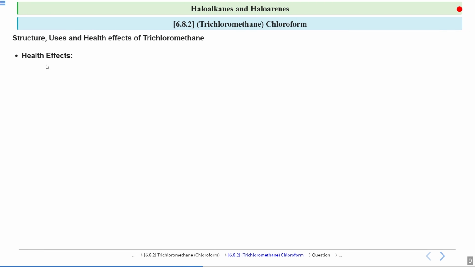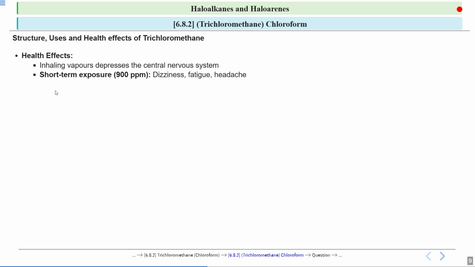Now, if we talk about its health effects, how can it affect our health? Inhaling vapors depresses the central nervous system. If you inhale chloroform vapors, it can depress or destroy your central nervous system.